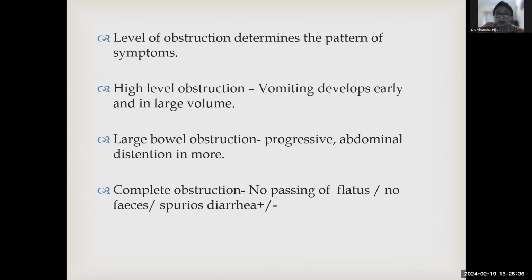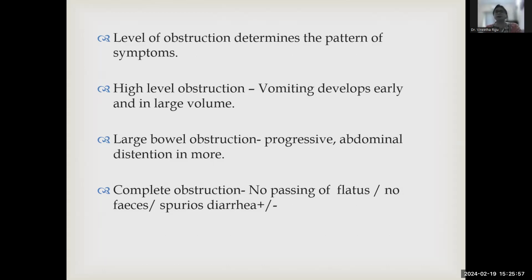Now this is when you have to ask the big important question: when was the last time you had a normal stool? And very classically they will tell you that, oh, the last normal stool was last week. After that, for a few days there were no stools at all.